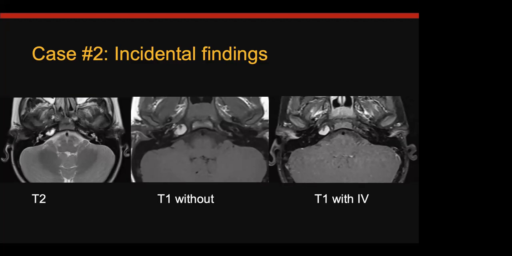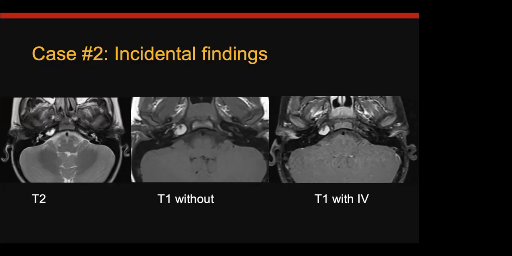Incidental finding, MRI, multi-sequence. I see there is a hyperintense lesion on the right side of the temporal bone at the apex of the petrous bone.